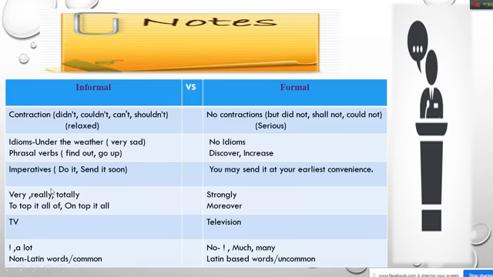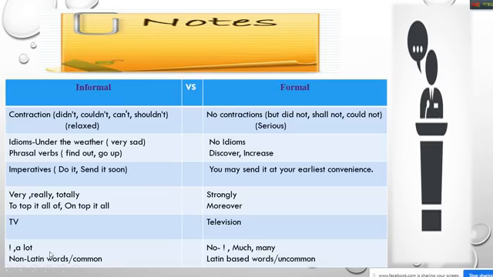In place of these expressions, you can write strongly. To top it all off, same thing. You see TV. You can use this word in your informal writing, but if you write a formal letter, never write TV. Of course, you have to write television.